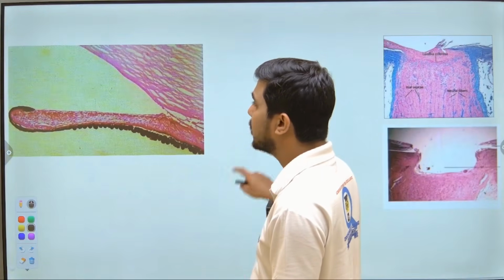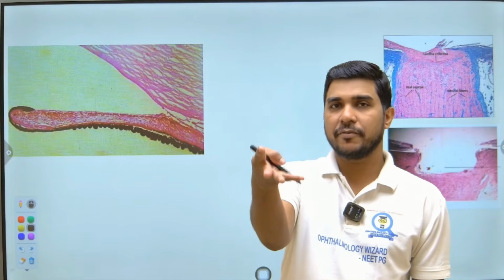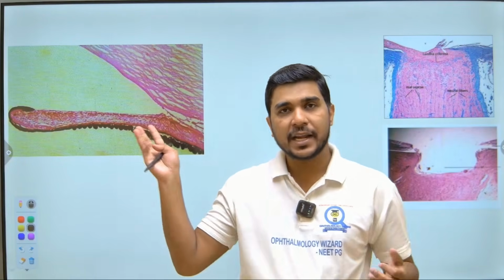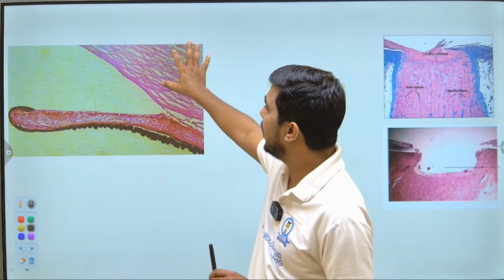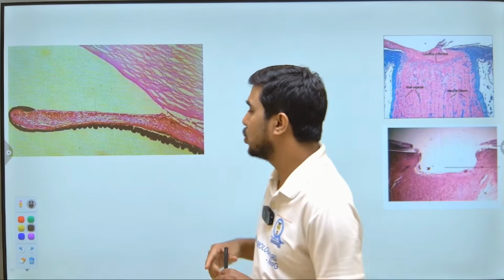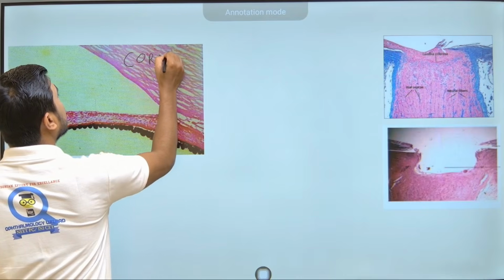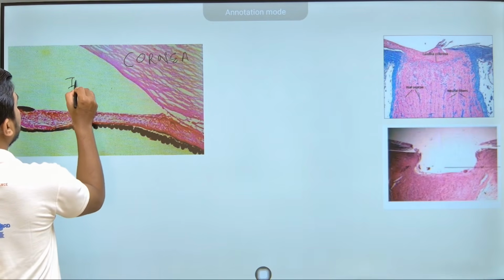Now sometimes they give the histology of different structures of the eye, like retina, optic disc, iris. So you have to understand. First, remember this is the lamellar structure. As you can see, this is cornea, and this is iris.